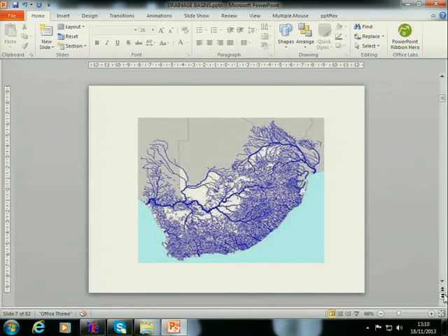Therefore, more erosion will occur. Therefore, those rivers will be steeper compared to those on the western side, which will have less water. They will be more gentle in gradient, and they will be more episodic or periodic rivers and not permanent rivers like the ones on the eastern side.